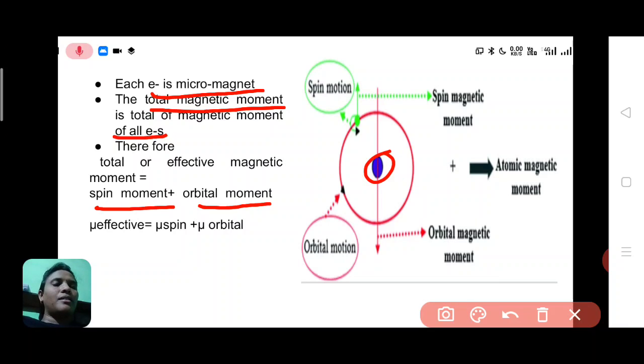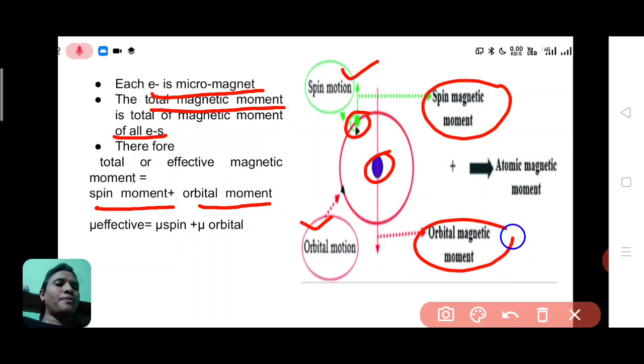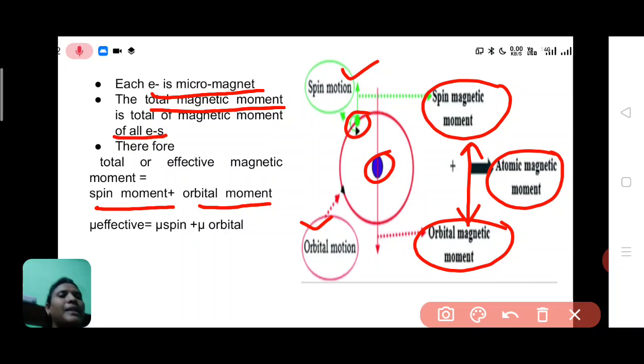Here these electrons show spin motion and also orbital motion. Spin motion gives rise to spin magnetic moment, and orbital motion gives rise to orbital magnetic moment. The addition of both gives rise to the total atomic magnetic moment.